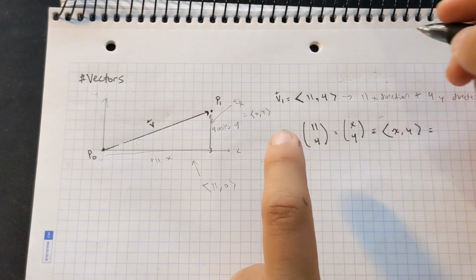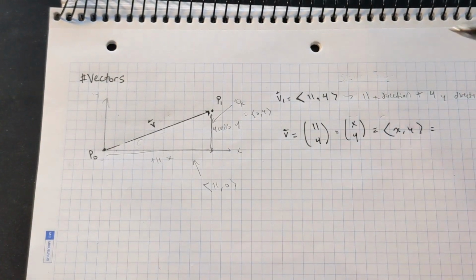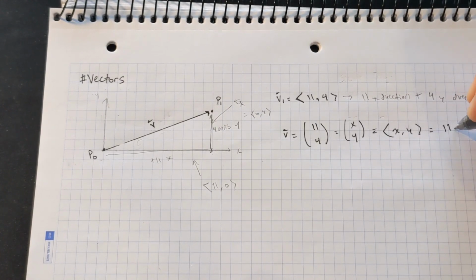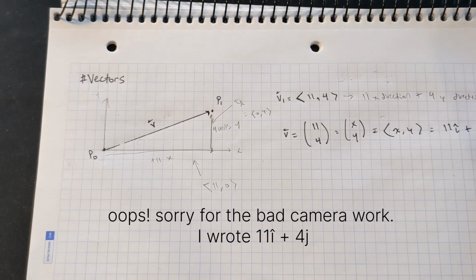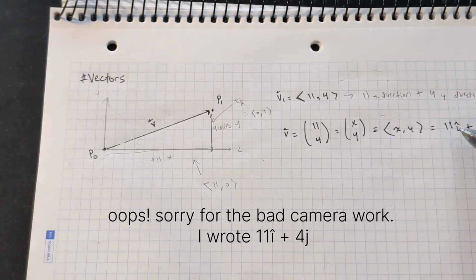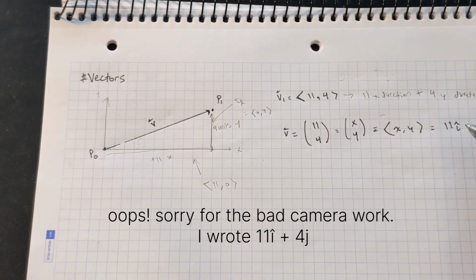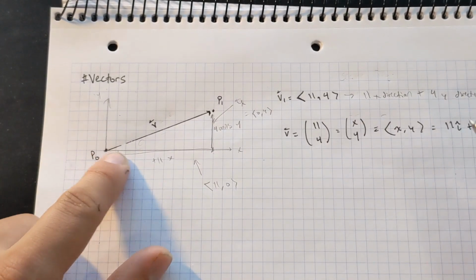Lastly, you might also see them written in something called standard basis vectors. This is going to look confusing at first, so I want you to just understand that this is something people do. Do not worry about why they use these letters just yet, but you will also see these special vectors come up, i hat and j hat. And this is like the vector way to write a single unit in the x direction.